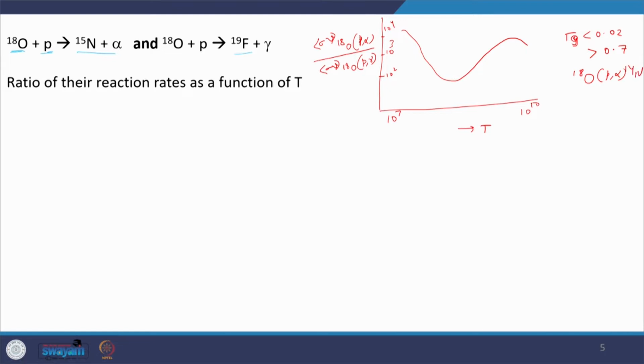So at what temperature range, by what kind of reaction, oxygen 18 undergoes its destruction mechanism will be clear if you take the ratio of two different reactions in which the entrance channel is the same, but the exit channel is different. And this diagram shows us under which temperature range which reaction is dominant.